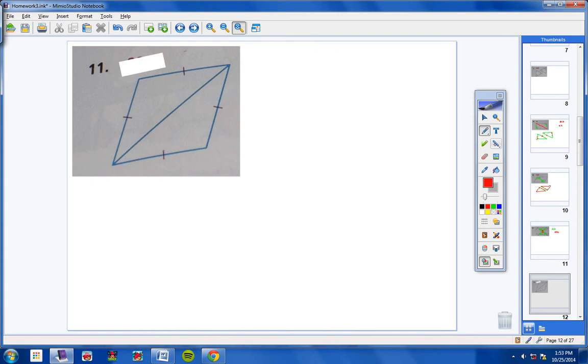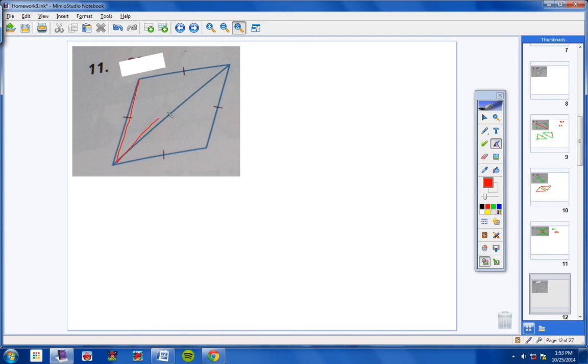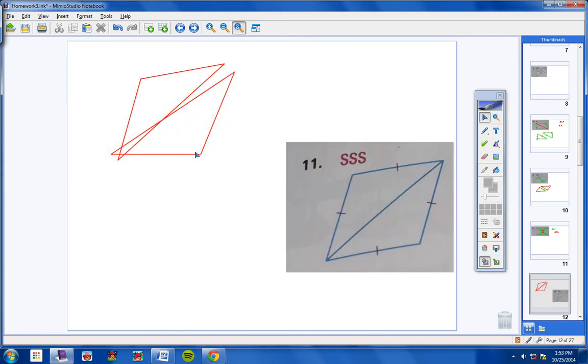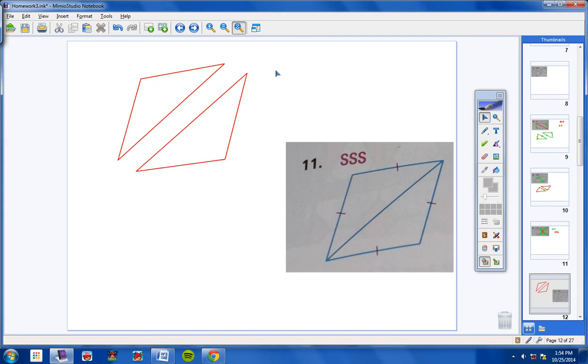Well, again, students, it's probably best to draw these two triangles separately than to keep them together. So very quickly here, let's go ahead and draw these two triangles separately. So here's one triangle. And then here's the other triangle. Okay, there we go.